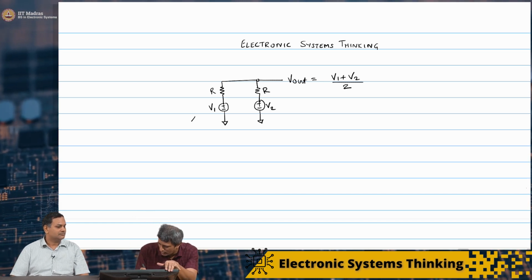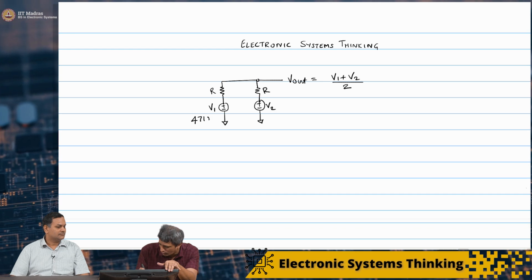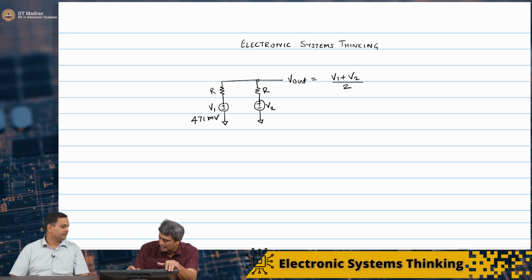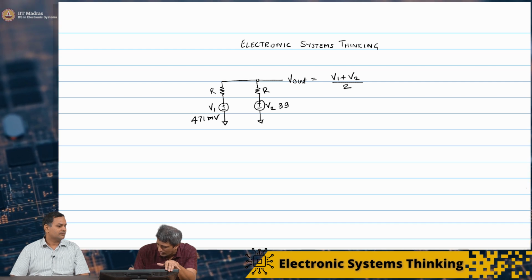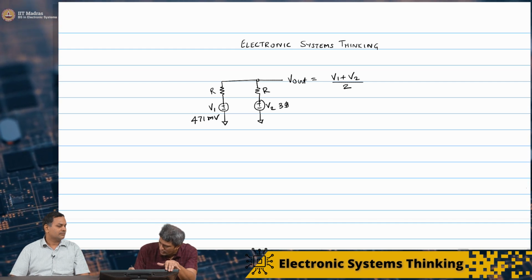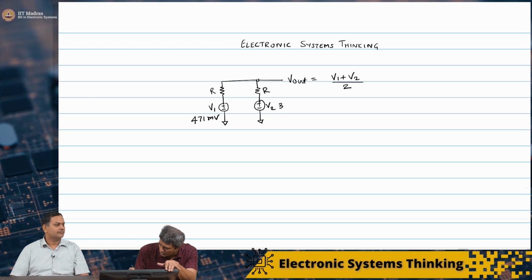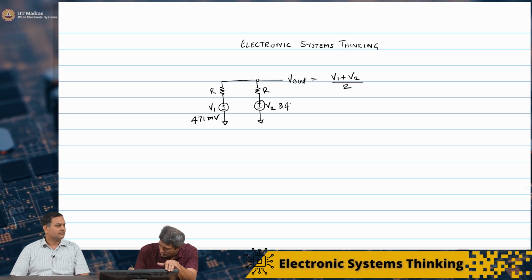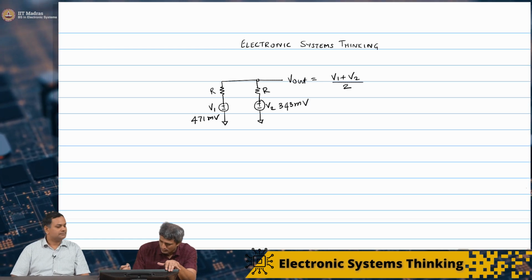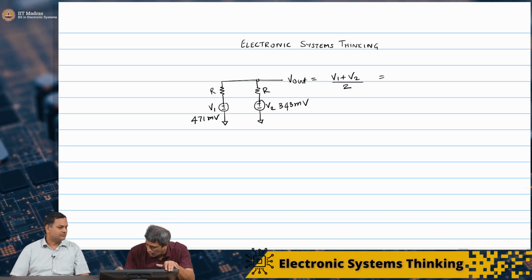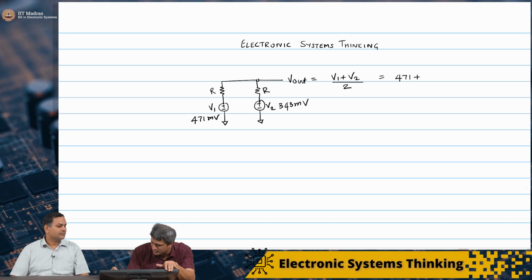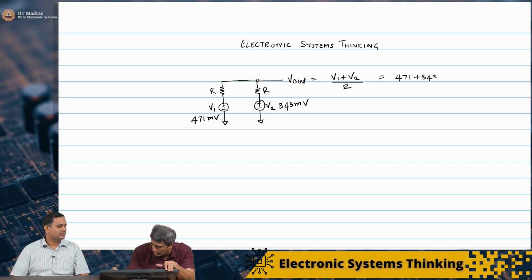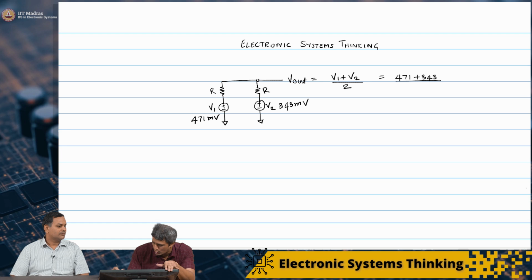Let's say V1 is 471 millivolt and V2 is 343 millivolt. So V out should now be (471 plus 343) by 2.